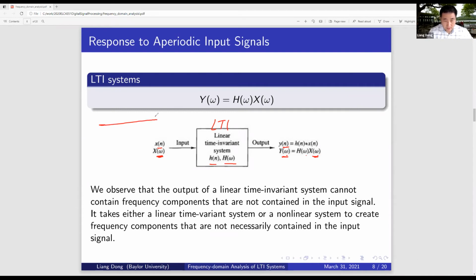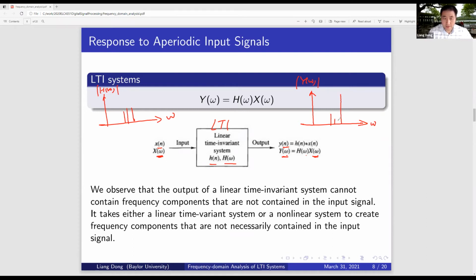What I'm saying is, if my input signal has, say, those three frequencies, then at the output, Y(omega), I also have those three frequencies.